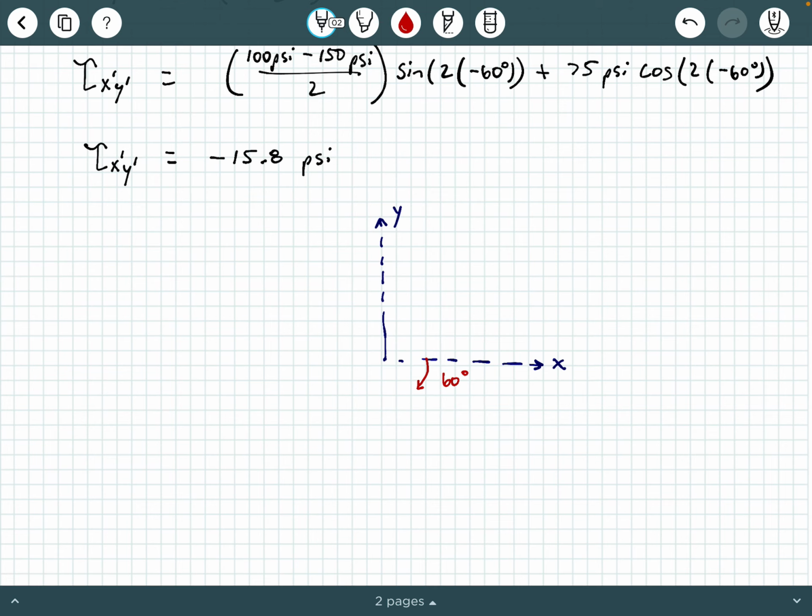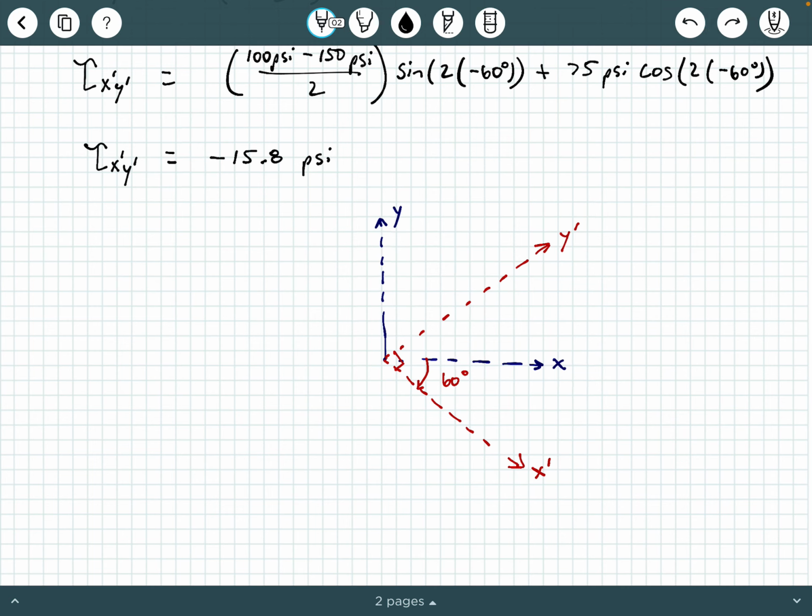And when we do that, that's going to generate our x prime and y prime set of coordinates, okay? And again, that's a right angle right there. And so from this is where we are going to sketch our transformed element with this coordinate system.